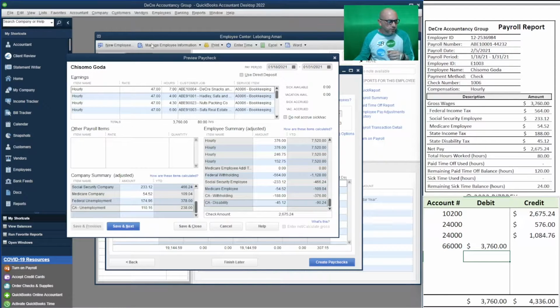We don't need to break out the withholdings because this amount includes the net and the withholding. It's basically the sum of these two. And then we also have the payroll tax expense, which in this situation we classify as a payroll expense.